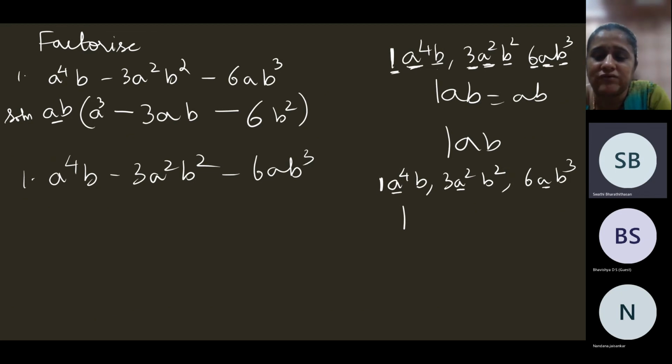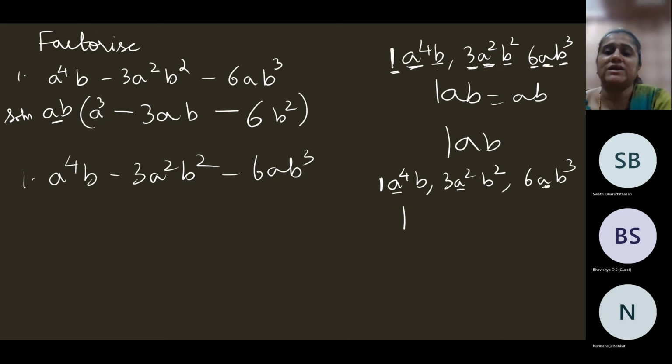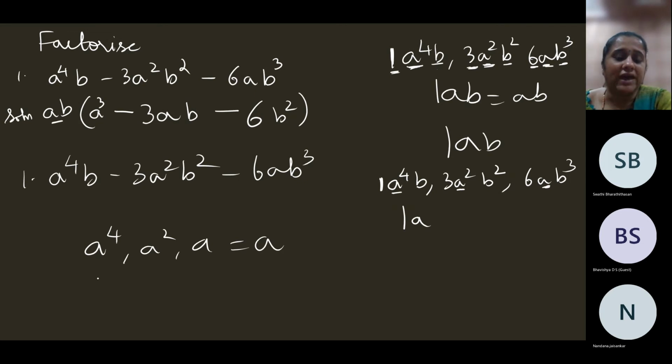Whenever it is HCF, we take the least power. a is the variable, and the least power of the variable is 1, that is a to the power 1. So that will be the HCF. The HCF of a to the power 4, a square, and a is a. The LCM of a to the power 4, a square, and a is a to the power 4.